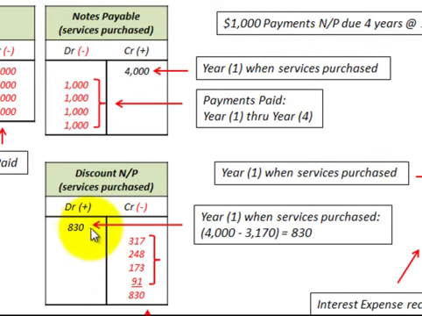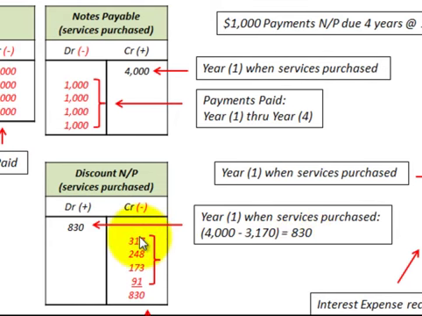So we started out here with a debit amount of $830, and that would be in year 1 when the services were purchased. So that's our $4,000 worth of payments they're going to make minus the present value of those payments, which was $3,170, which equals $830.